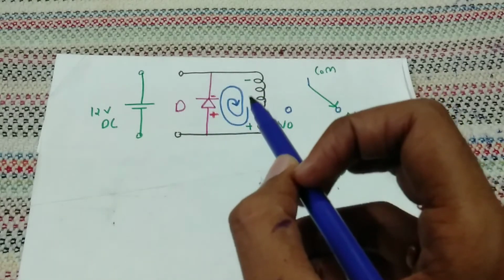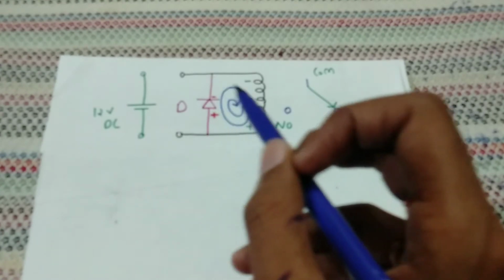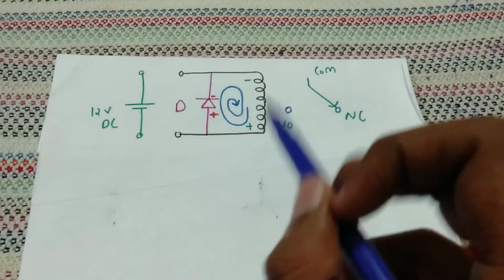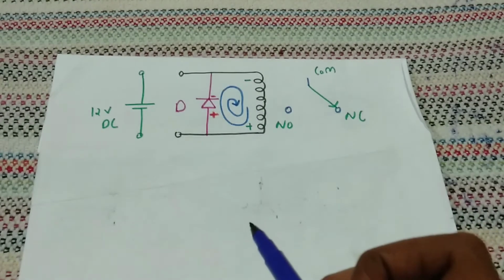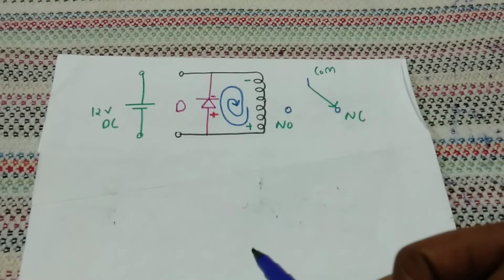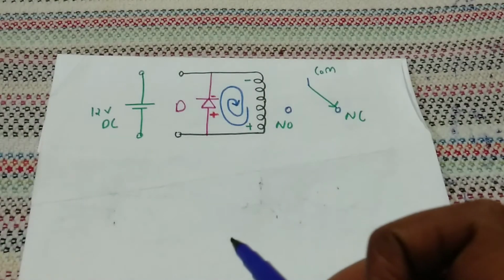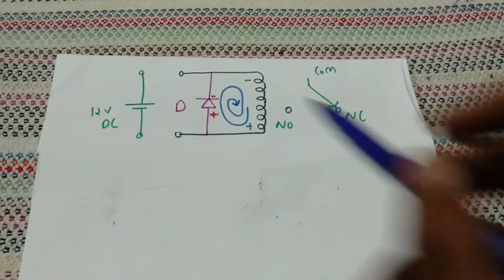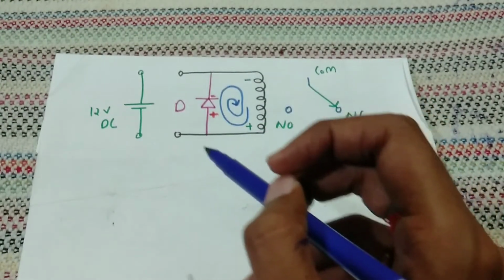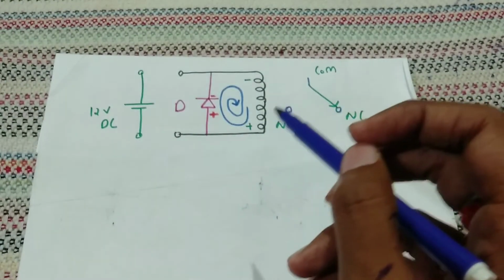That's why the current freewheels in this manner, and the energy is released quickly. Sometimes we can use a resistor in series with the diode to release the energy more quickly. So in this way we can protect our relay during the switching operation.